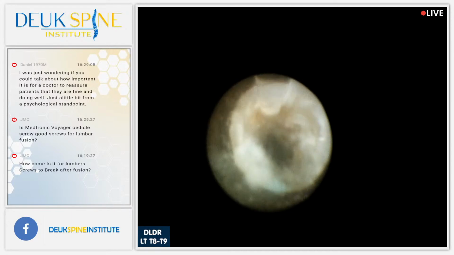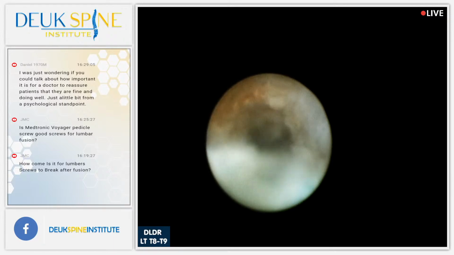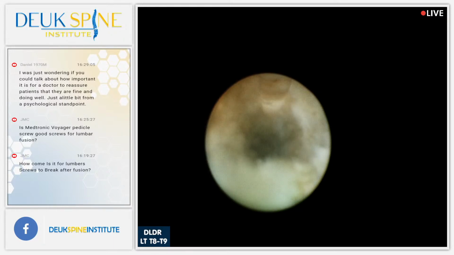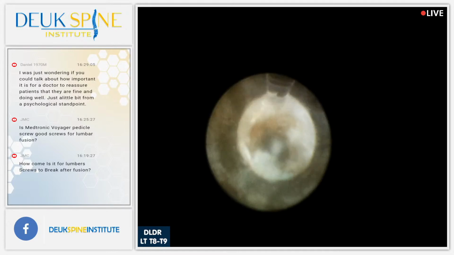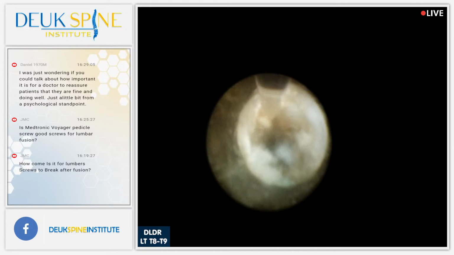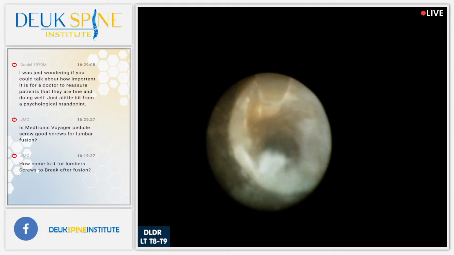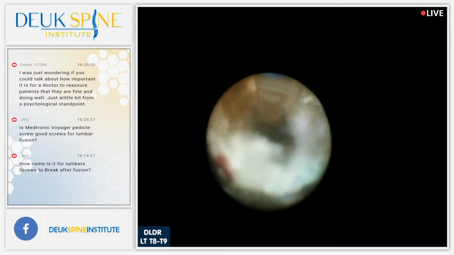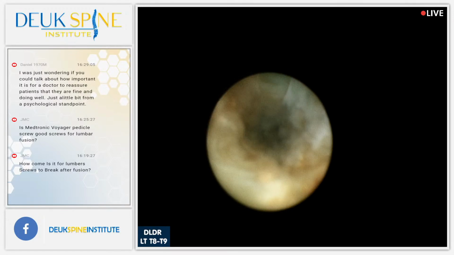It's not common to have broken screws, but it does happen, and it can be because of either the patient or the surgeon. And honestly, it just depends on the individual circumstances of the patient and what's going on.